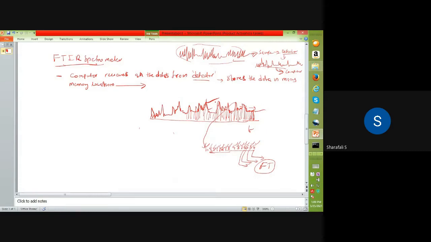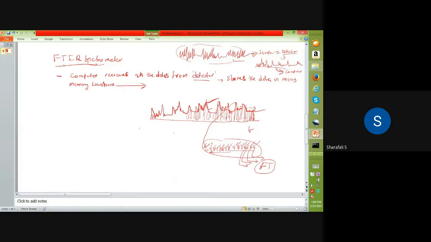So basically, we store all this data in the computer system. Then we do the Fourier transform analysis of these data. Then we get the frequencies at different positions in that frequency spectra, frequency bands, and correspondingly we get the IR spectra for the sample.